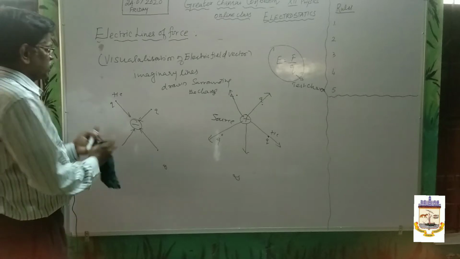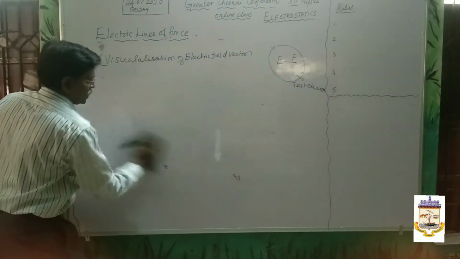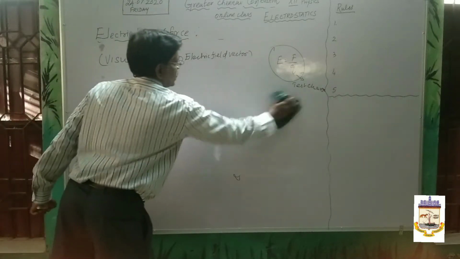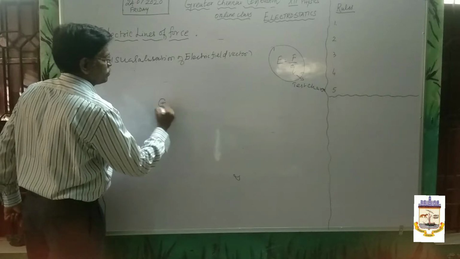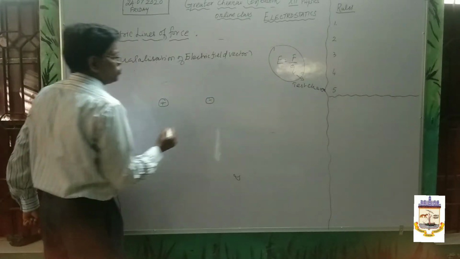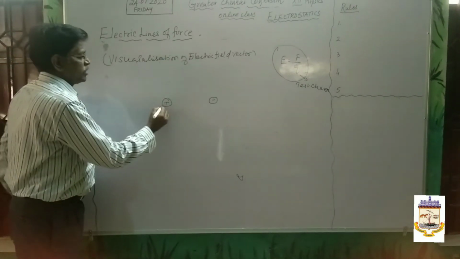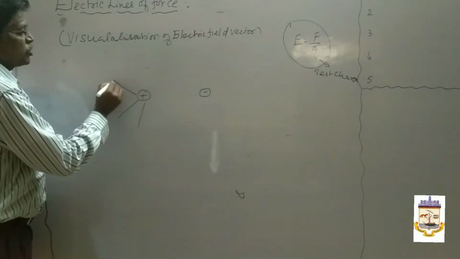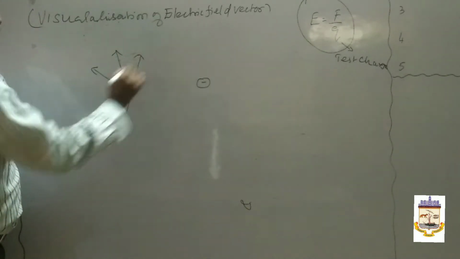Now let us consider a group of charges, or two charges, positive and negative. This is positive, this is negative. If two charges are kept very close, separated by a distance, from the positive the lines should move like this, moving away.